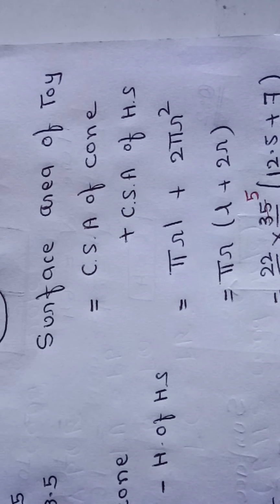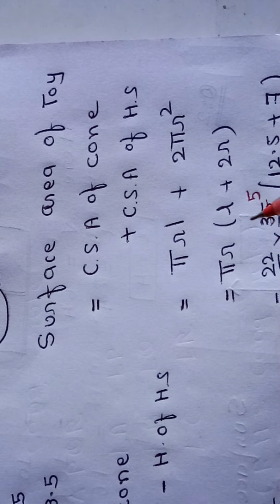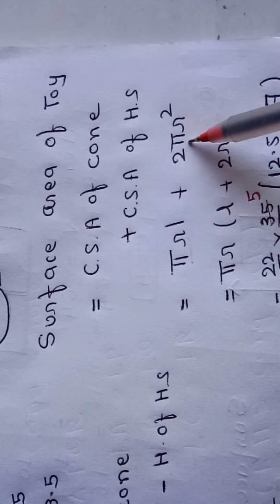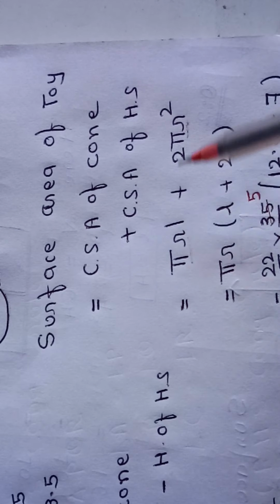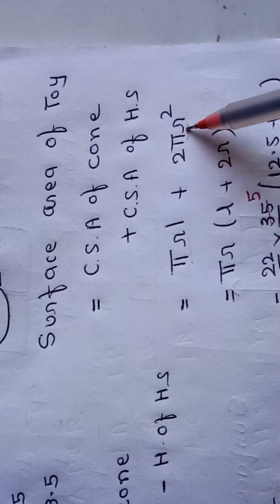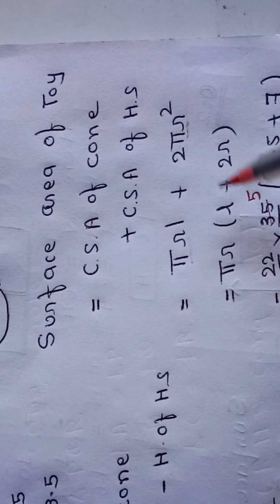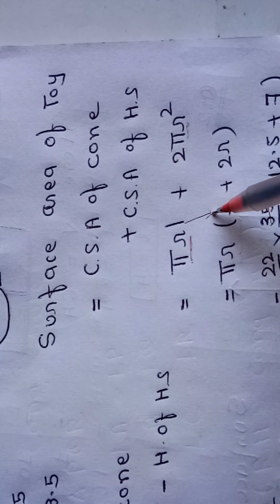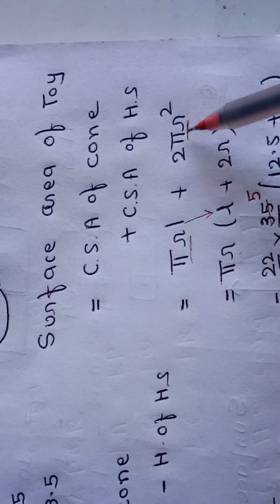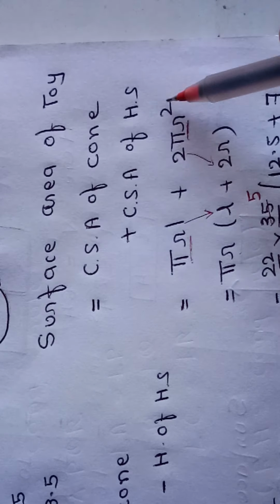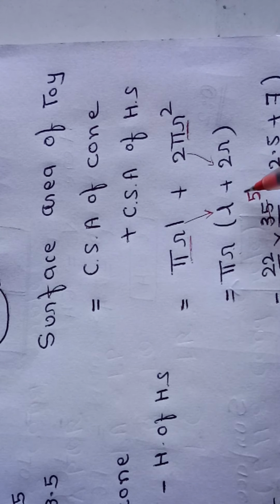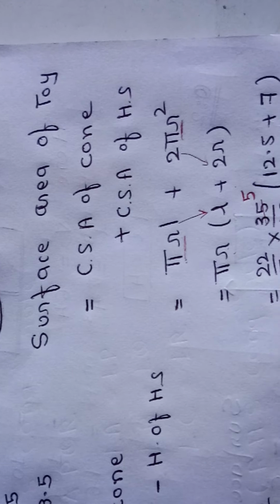Taking out common is easier. Here pi r and here also pi r is there. The radius of both figures is the same, so we can take out pi r common. Then l will remain, and from the other term 2 r, since one r is common, another r remains. So in the bracket, l plus 2r.